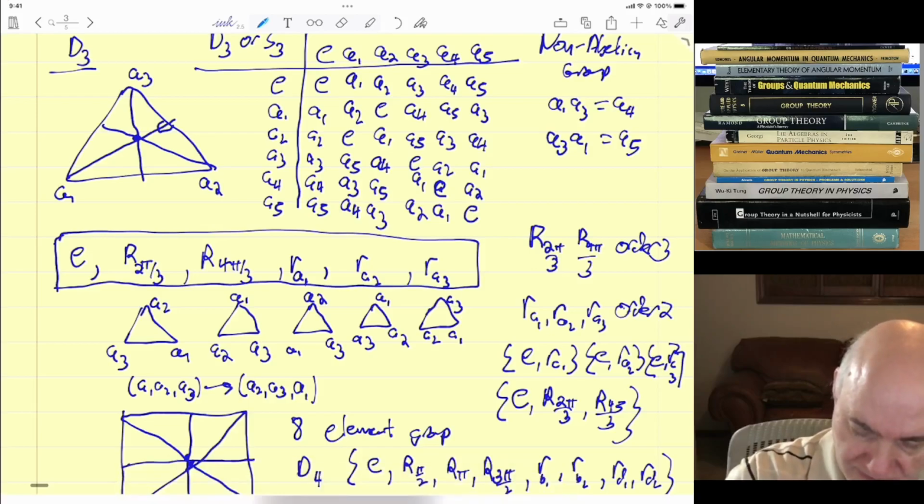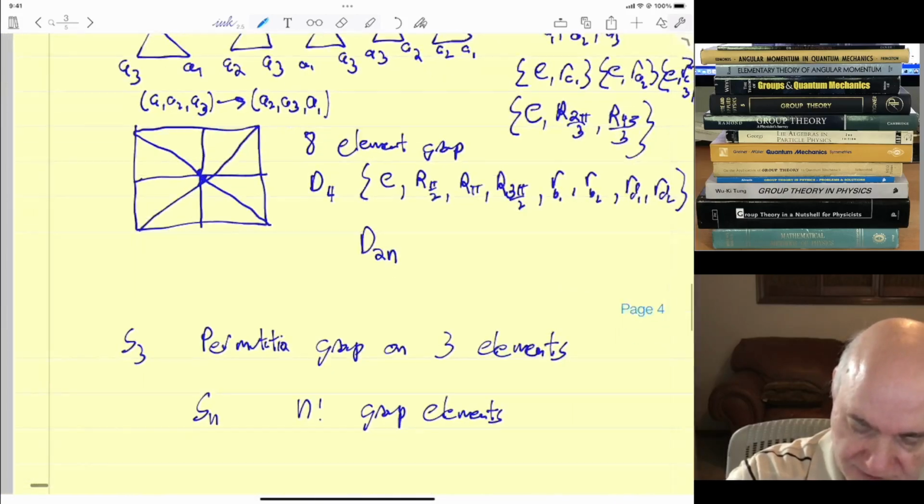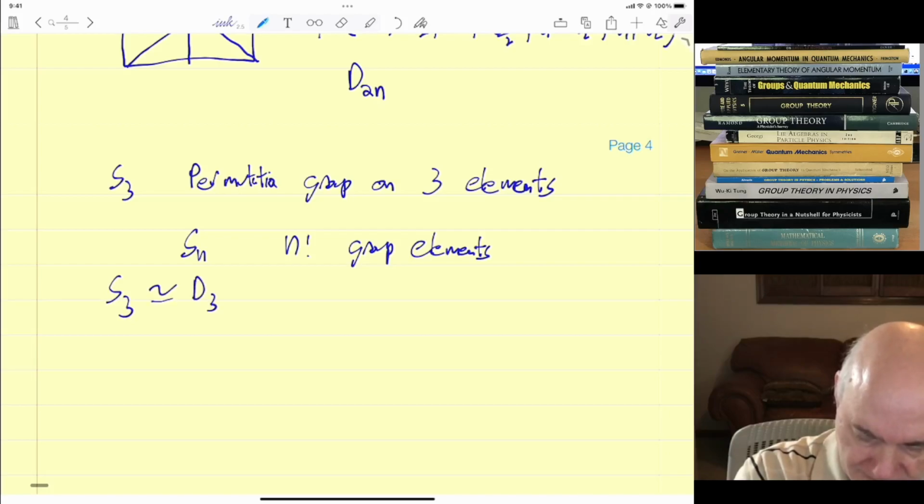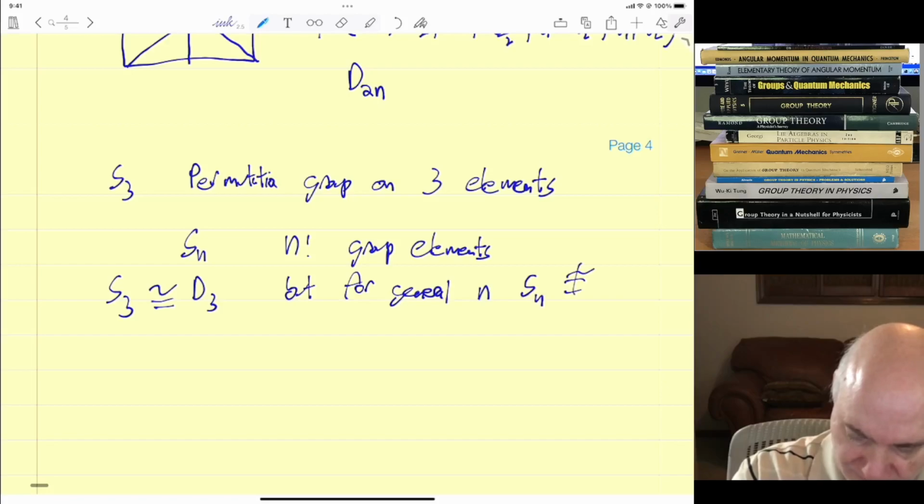So in the case of 3 only, S3 is isomorphic to D3. But for general n, as you can see just by the number of elements, Sn is not isomorphic to Dn. Sn has many more elements.